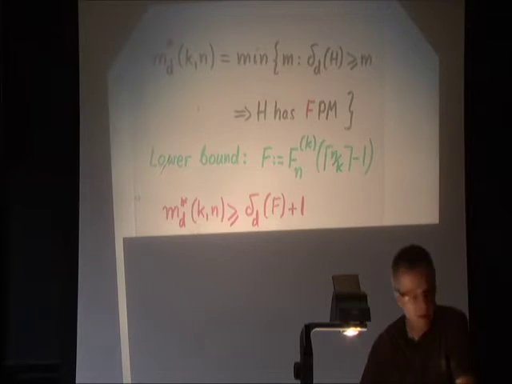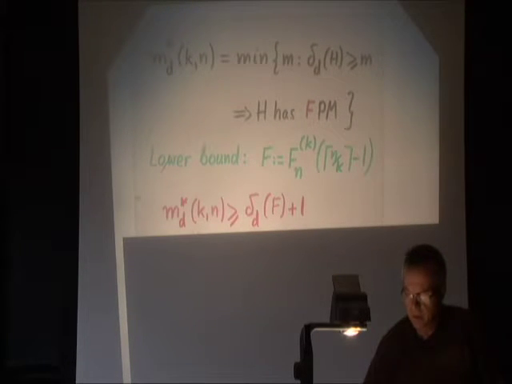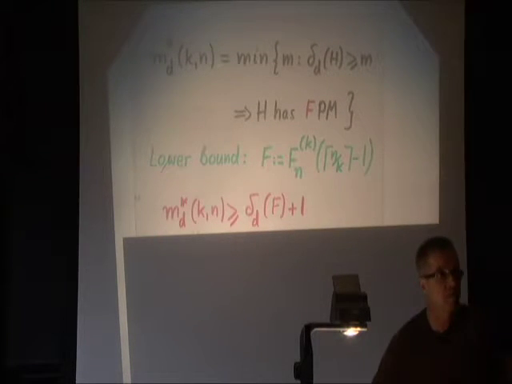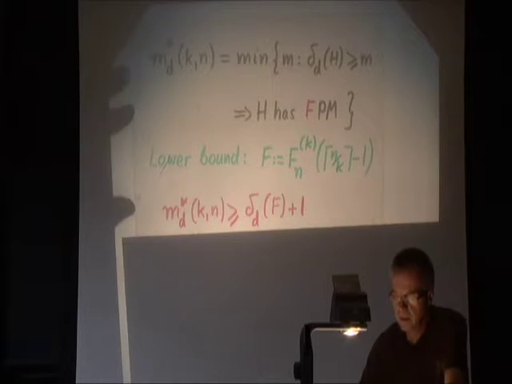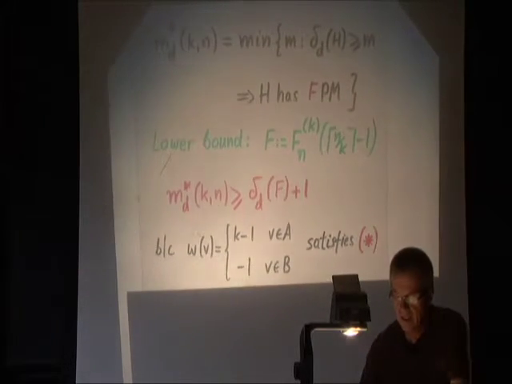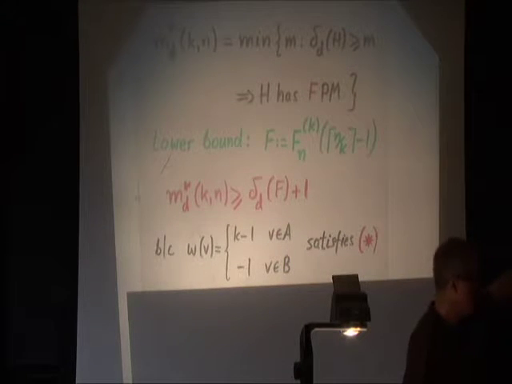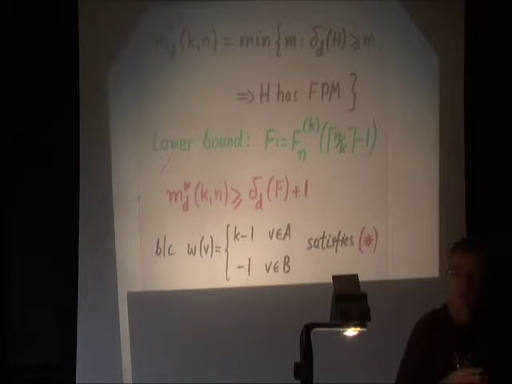So here I call this graph just f. The only thing is that now n over k does not need to be an integer, so we need to put the ceiling. And then if you just assign k minus 1 to all the vertices in A and minus 1 to all the vertices in B, these two conditions, as I said, are satisfied.